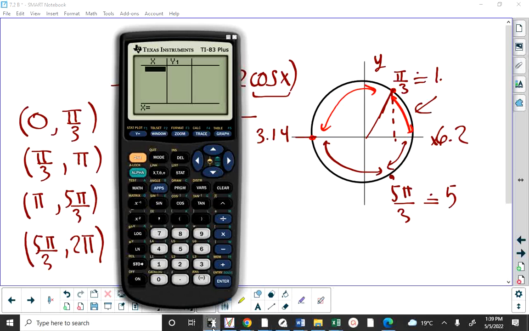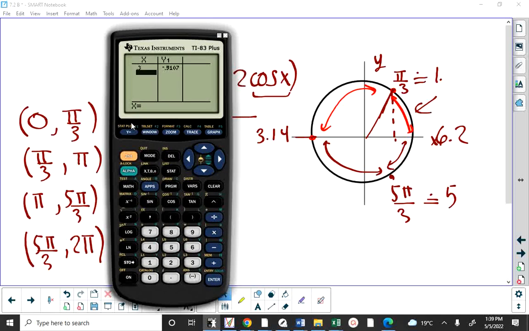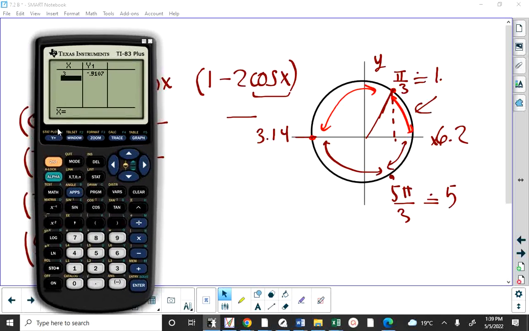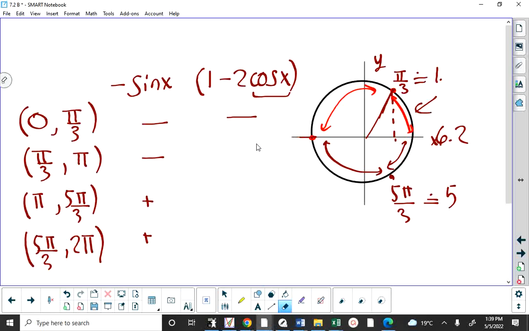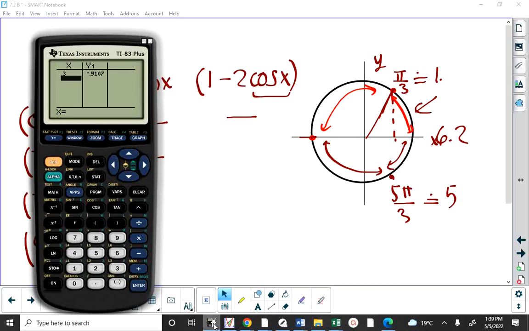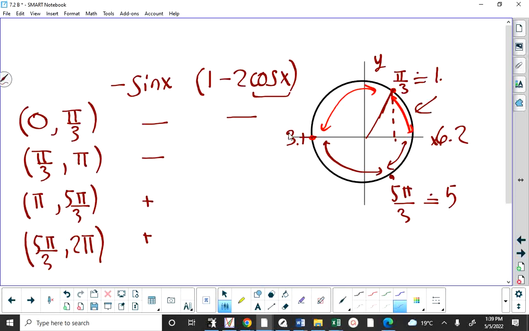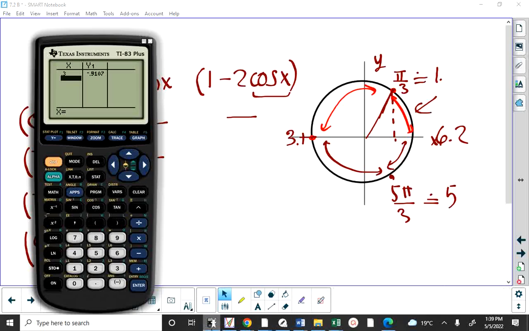I'm going to put in 0.3. I get a negative. So I put a negative in that position. I'm going to put in a number between 1 and 3.14 radians, so 2 radians would work, and I get a positive.